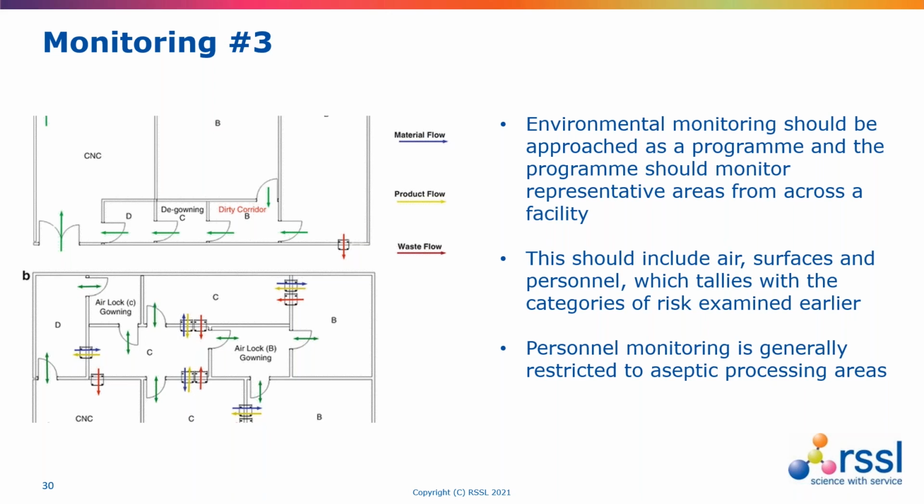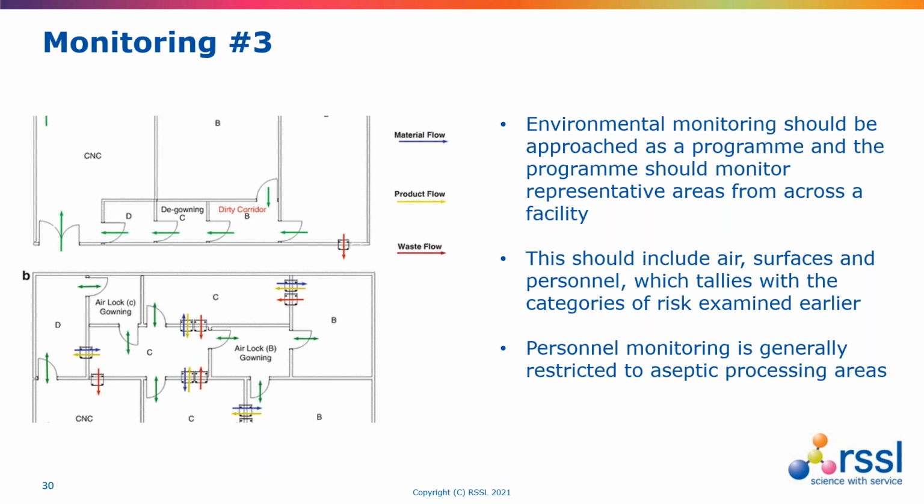So as changes occur to the facility, they should be captured through change controls, and we can then adjust and update the program accordingly. And we should make sure that we're doing representative areas following process flows, that we're capturing points of weakness to do with air, surfaces and people, which tallies back to the categories of risks that we looked at earlier.